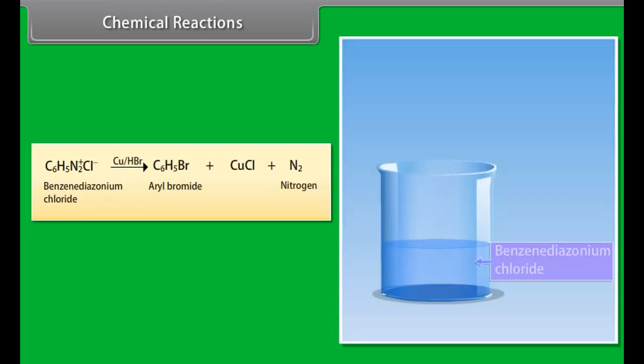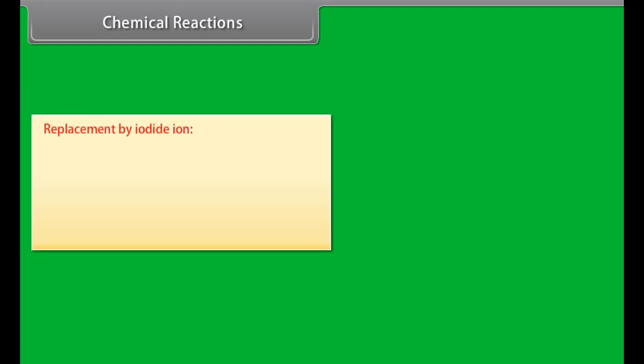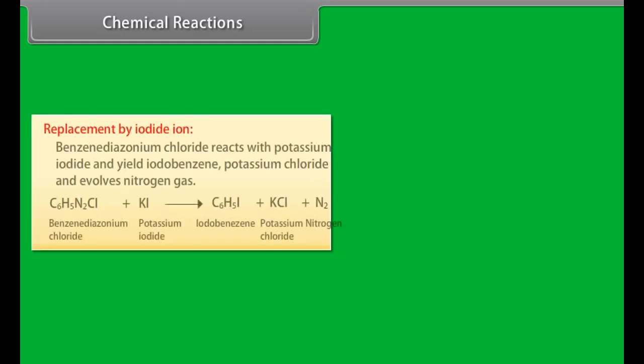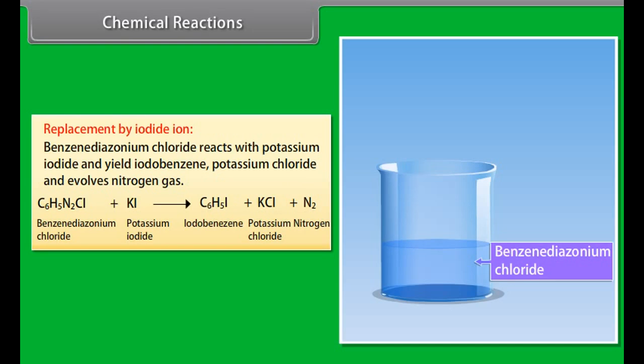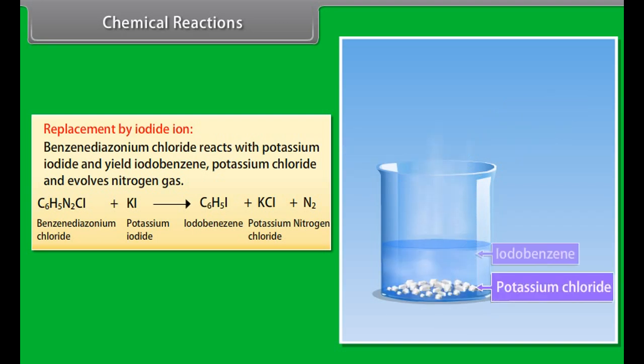Benzene diazonium chloride reacts with hydrogen bromide and copper powder, yielding aryl bromide, cuprous chloride, and liberating nitrogen gas. Replacement by iodide ion. Benzene diazonium chloride reacts with potassium iodide and yields iodobenzene, potassium chloride, and evolves nitrogen gas.